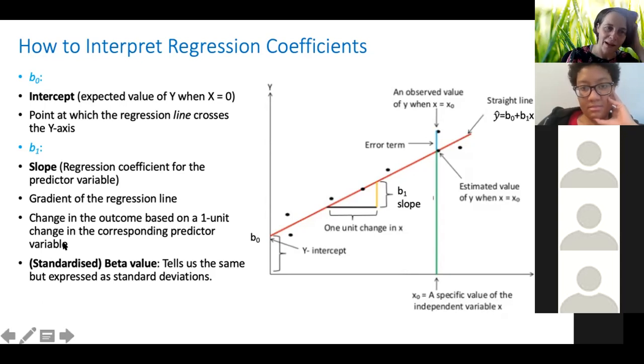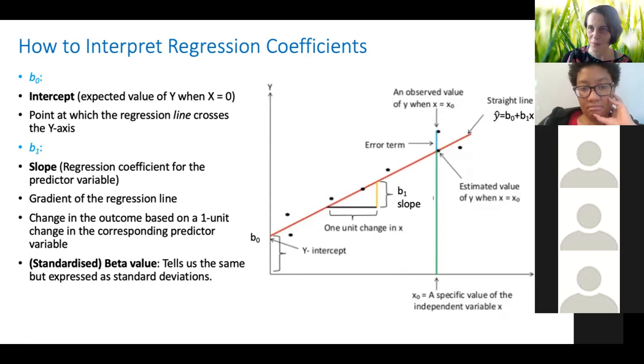Okay. And so the really important parameter is the slope parameter, which I will often refer to as the regression coefficient, right? Strictly speaking, there are two, the intercept and the slope, but the slope is the most important one. That's what we are interested in.